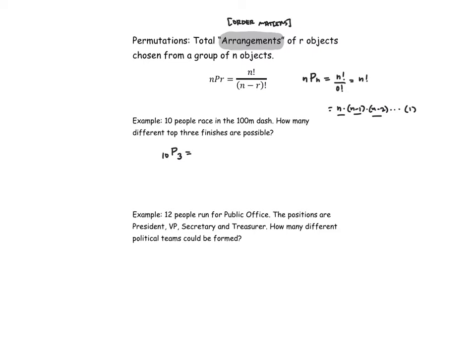Oh, Apple Pencil just died. Back in a minute. Okay, that would be 10 factorial over 10 minus 3 factorial, which is 7 factorial. Okay, which will come out to be 10 times 9 times 8. Now, let me show you where the rest of this went.